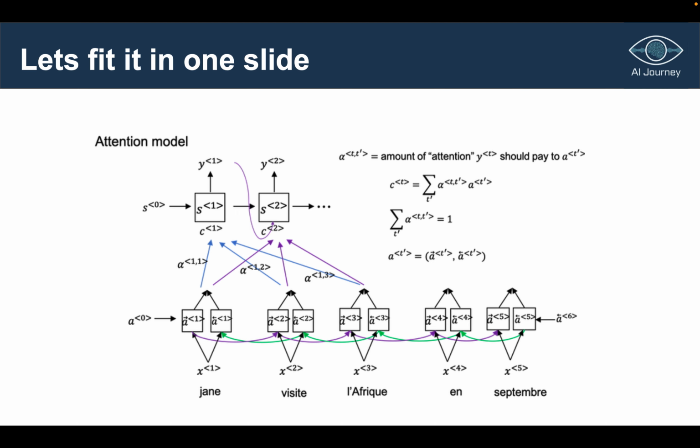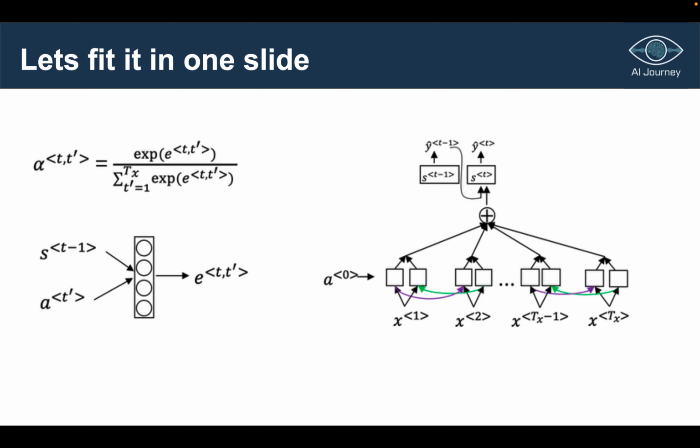Then when I need to compute yt, I aggregate all the information from a t prime, which are the input token activations, with their corresponding coefficients, into a summation, and this is now my state. I use this state to compute the output y1.